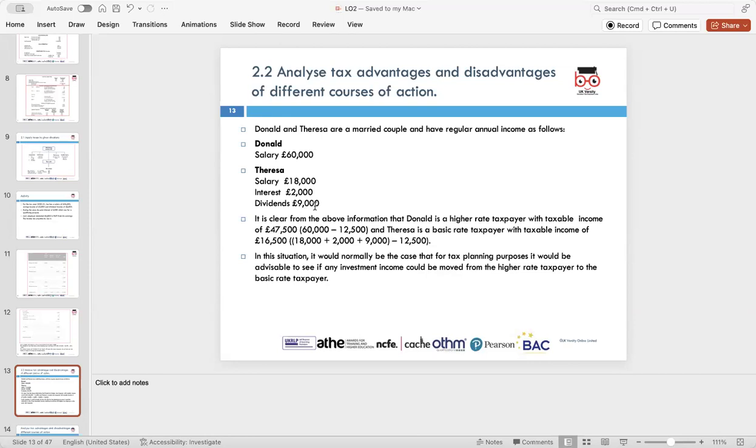So considering their income levels, it is evident that Donald falls into the higher tax bracket with taxable income of 47,500 pounds after deducting the personal allowance. On the other hand, Trisha's taxable income is 16,500 pounds after considering her salary, interest and dividend minus the personal allowance. Given the scenario, it's prudent to explore tax planning strategies.